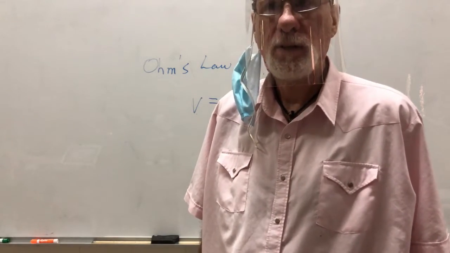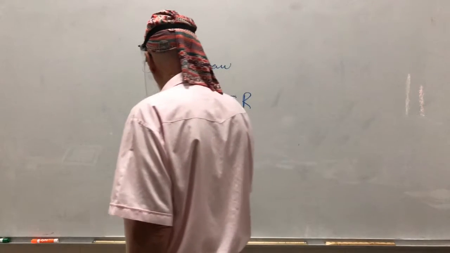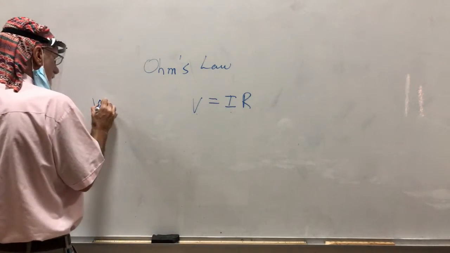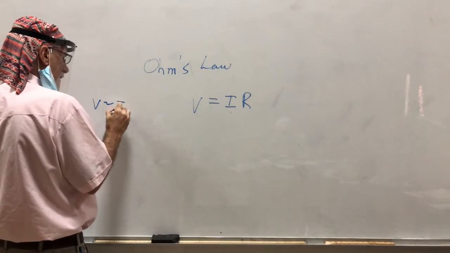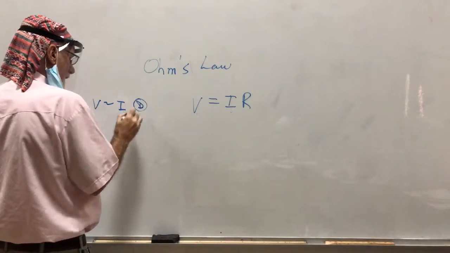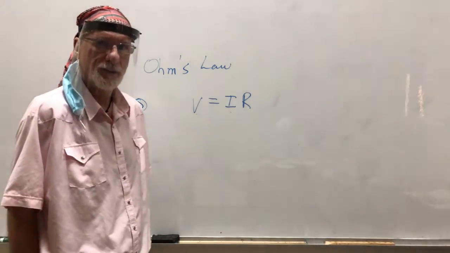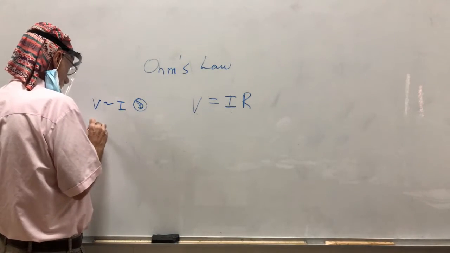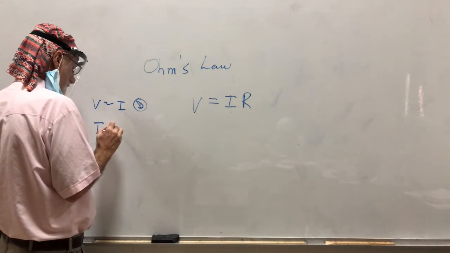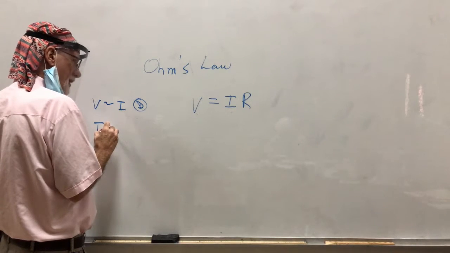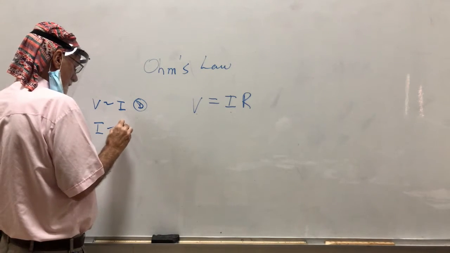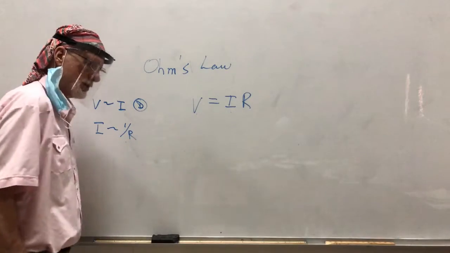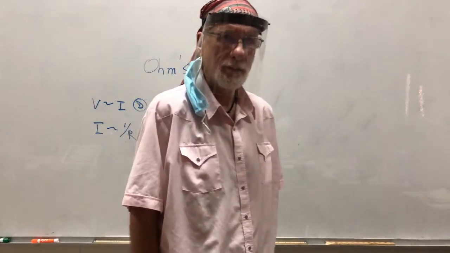So the voltage and the current are direct. Correct? And the current and the resistance are indirect.